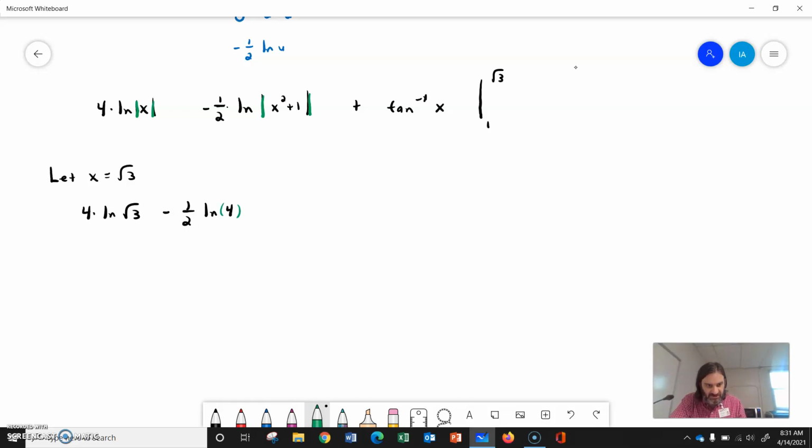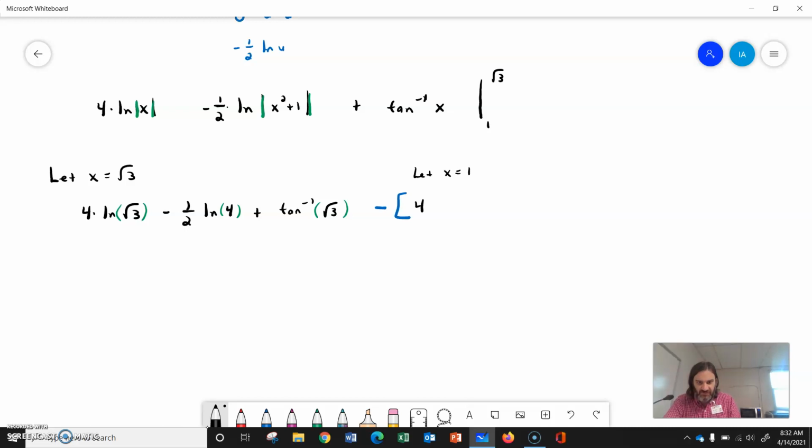These are not crazy. And then plus the tangent inverse of square root of 3. And then we're going to subtract off, let x equal 1.